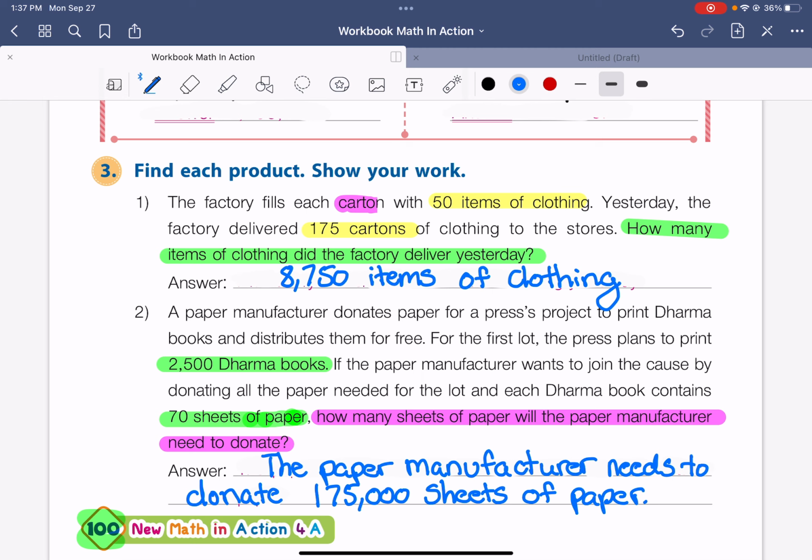Right? The paper manufacturer needs to donate 175,000 sheets of paper. Paper manufacturer is someone who makes paper.